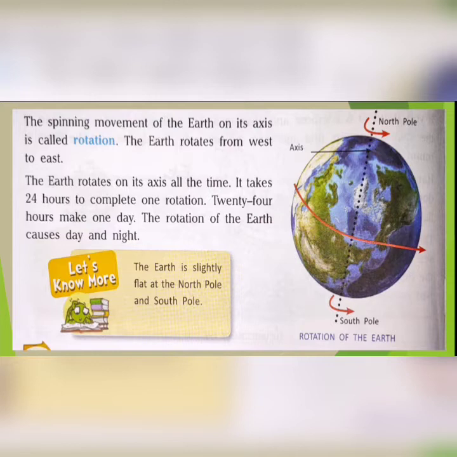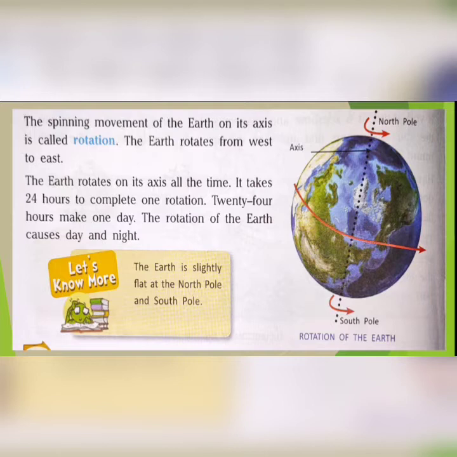That's why the sun rises in the east. The Earth rotates on its axis all the time. It doesn't stop. It keeps on rotating. It takes 24 hours to complete one rotation. That's why 24 hours makes a day.